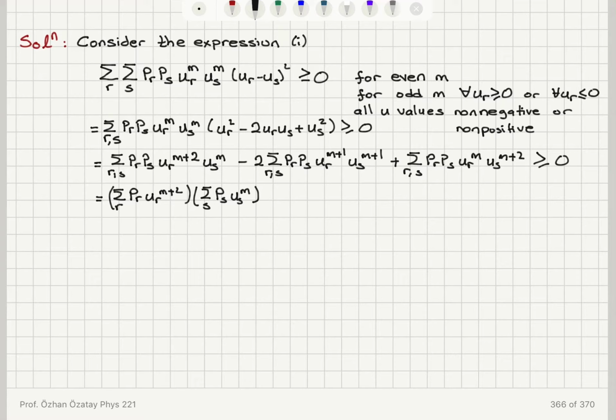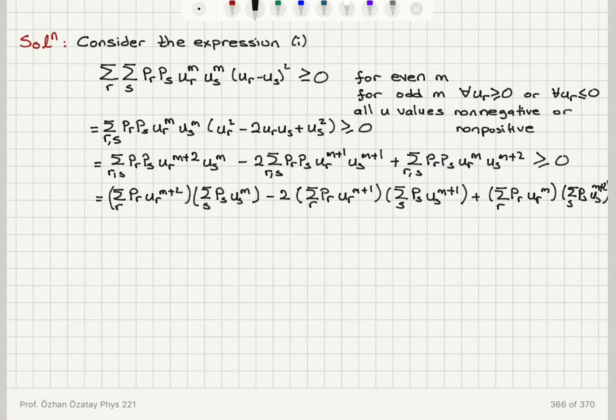And here I have minus 2 sum over R, PR, UR to m plus 1 multiplied with sum over S, PS, US to the power m plus 1, and then the last term I have sum over R, PR, UR to the power m multiplied with sum over S, PS, US to the power m plus 2, and this is greater or equal to 0.